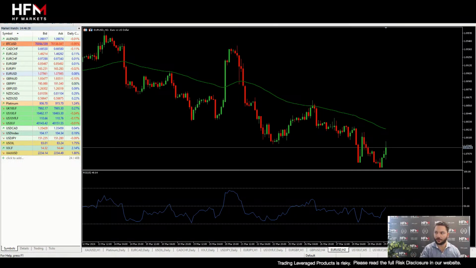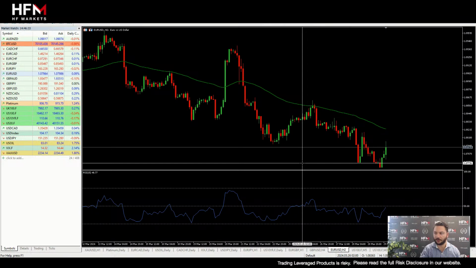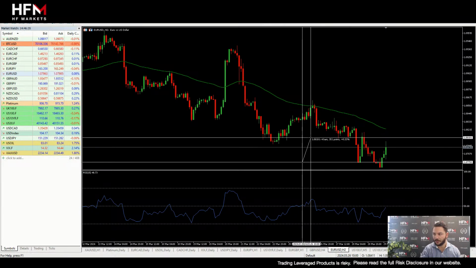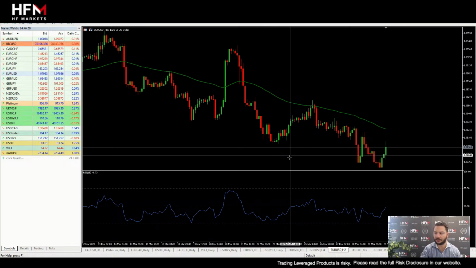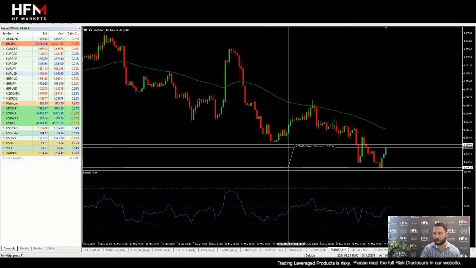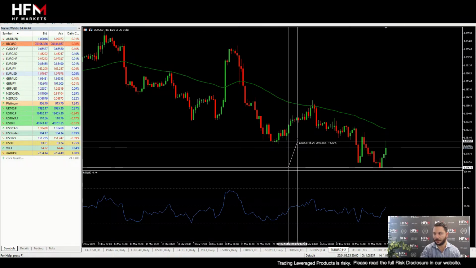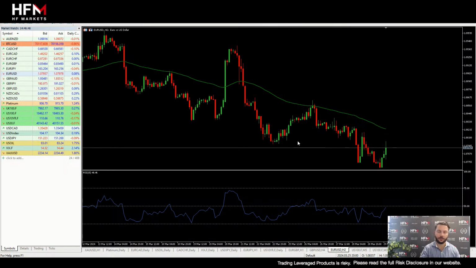Now, if we're looking at also the previous retracement, we look at this retracement here that we saw. If we look at this retracement, the retracement measured 0.40%. Now, if we're looking at the retracement we've formed here, we're looking at 0.35%. So we can see the price movement looks very similar.